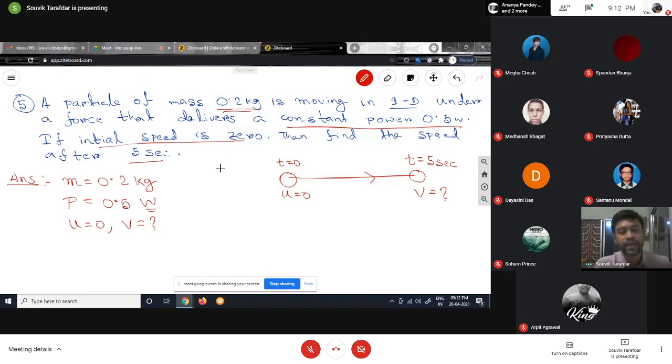First I got m, then P, then u, then I know that v is equal to question mark. And also time is equal to 5 seconds. So these are the data we got: m, P, t, u, and we need to find v. So this is our question.